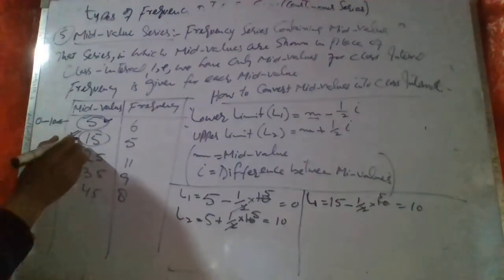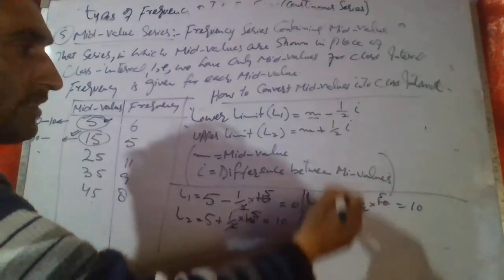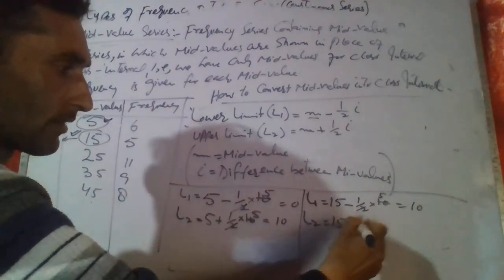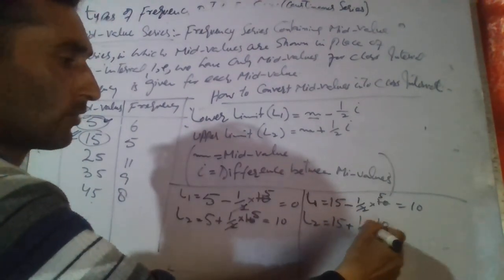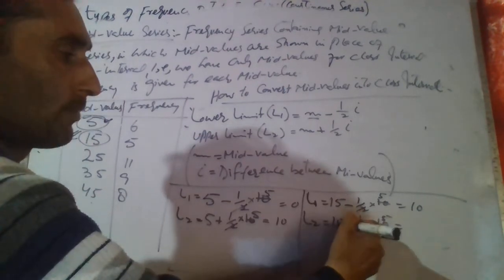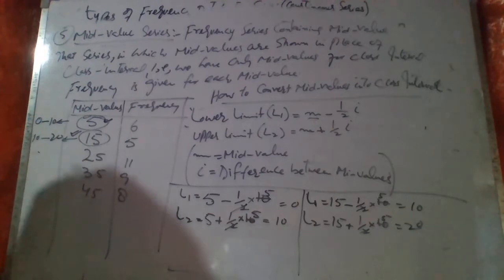So the lower limit is 10. The upper limit L2 is 15 plus 1/2 into 10, which is 15 plus 5, is 20. So accordingly we can make the lower limit and upper limit for all mid-values by following these formulas.